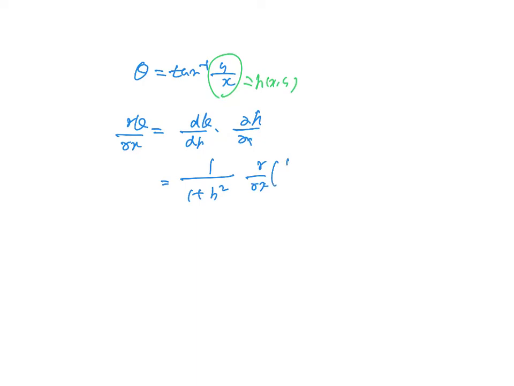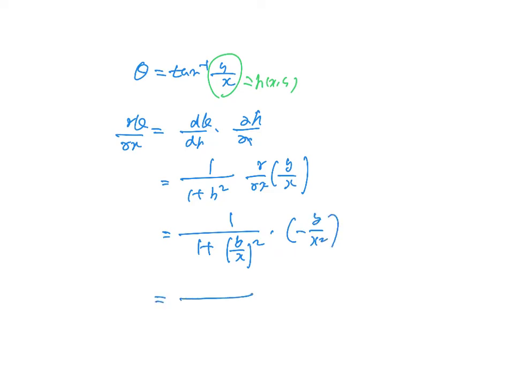Partial of y over x is minus y over x squared, so this is x squared over x squared plus y squared times minus y over x squared, which is minus y over r squared, or minus sine theta over r.